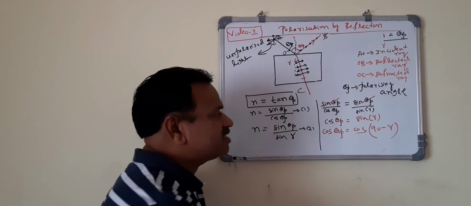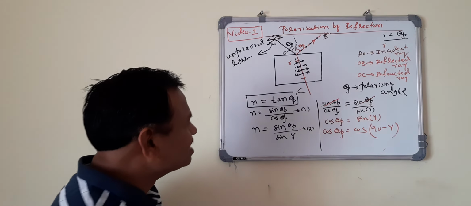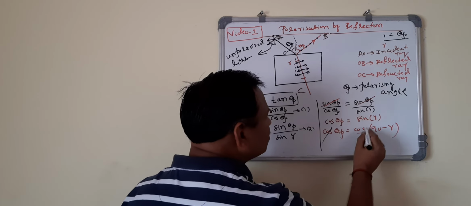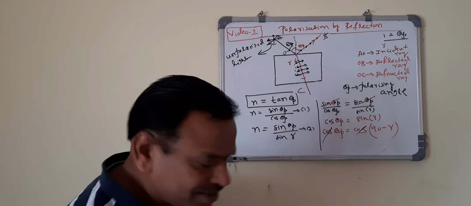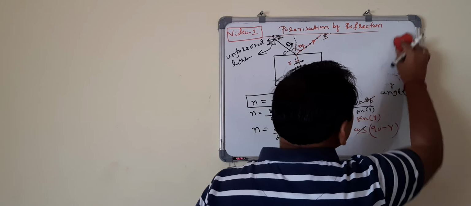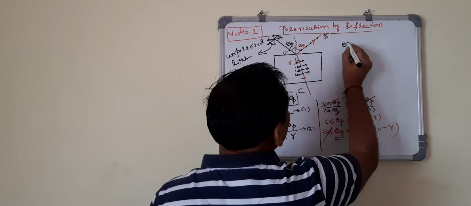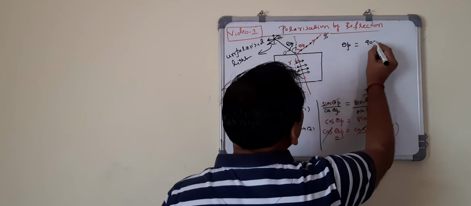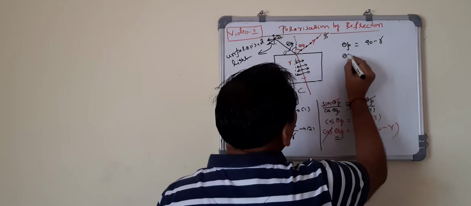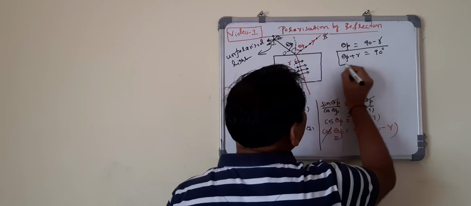Because cos theta equals sin of 90 minus theta. Now I will cancel the sin term. Then what is left is theta p equals 90 minus r, or else theta p plus r equals 90 degrees.